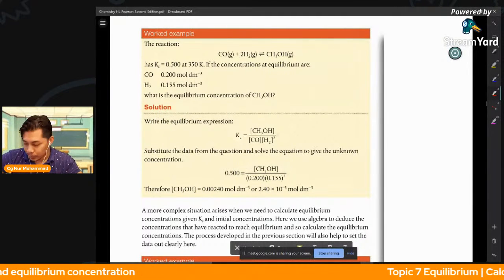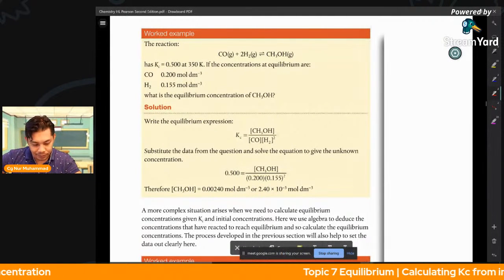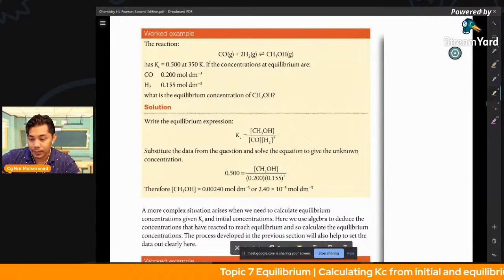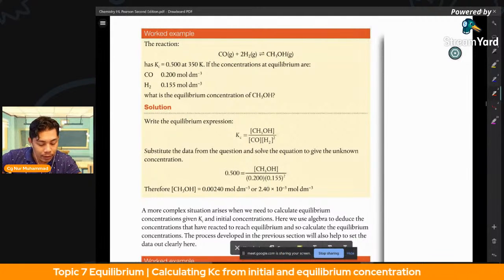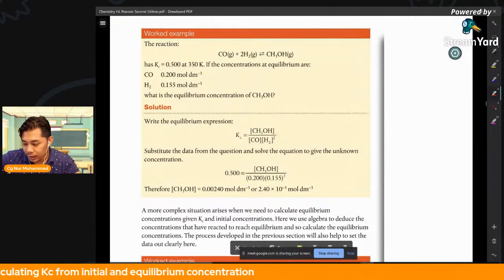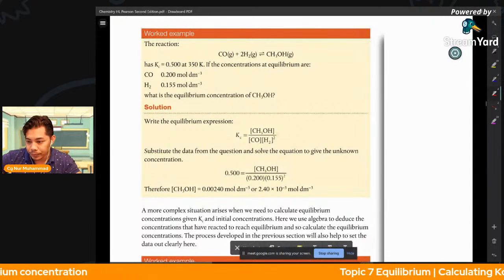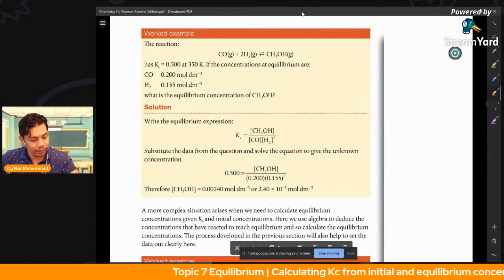Okay, buat dulu. Saya bagi masa lah dalam 10 minit, until 9:30 lah. Okay, cuba buat dulu soalan.